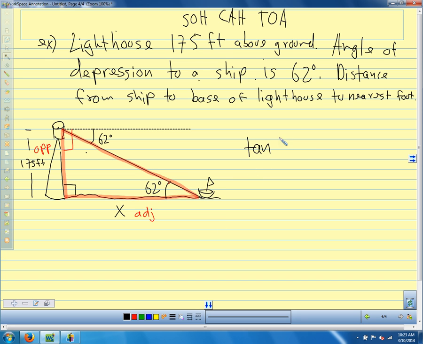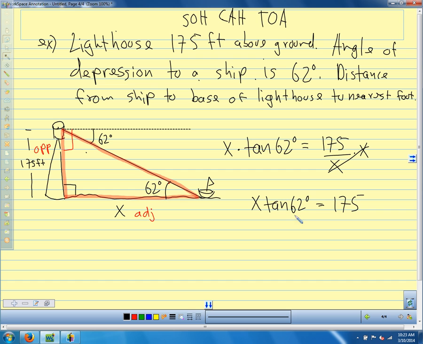The tangent of the angle, 62 degrees, equals 175 over x. So we know how to do these. We did several of these the other day. How do we get rid of this x in the bottom? Multiply everything by x. Those cancel. And I get x tangent 62 degrees equals 175.